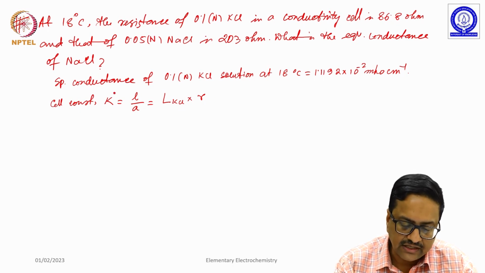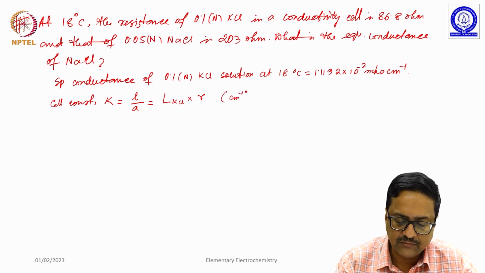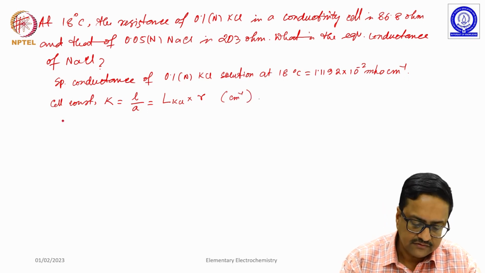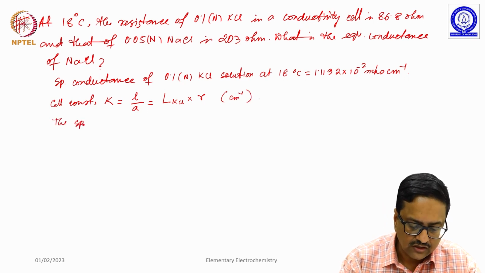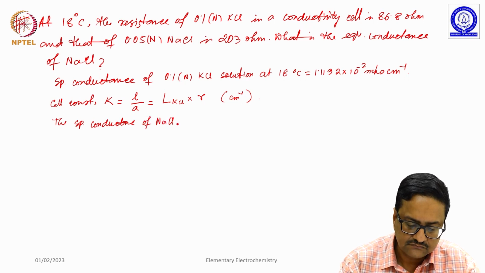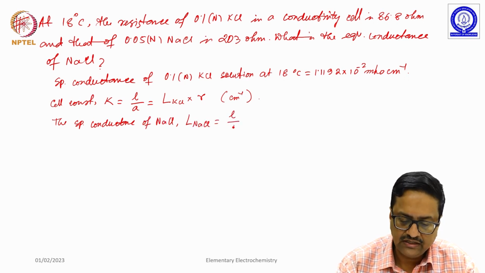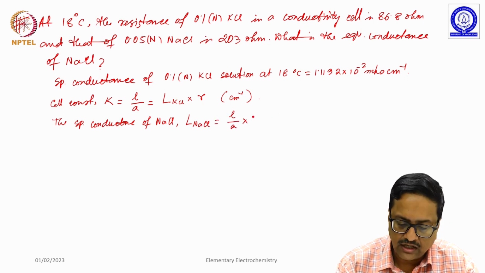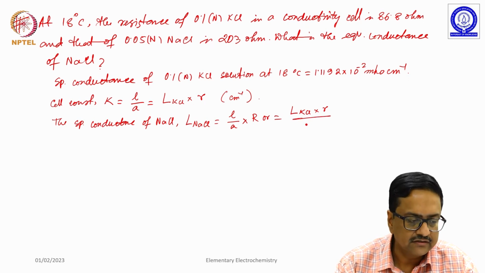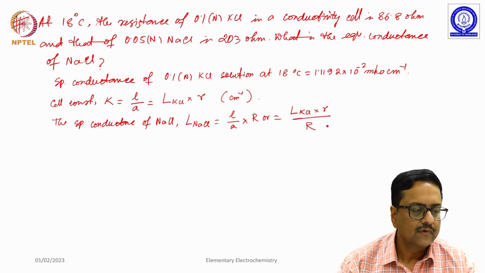So this K will have unit centimeter inverse, and the specific conductance of NaCl, that is L NaCl, is equal to l by A into R, or equal to L KCl into small r by capital R. Right?